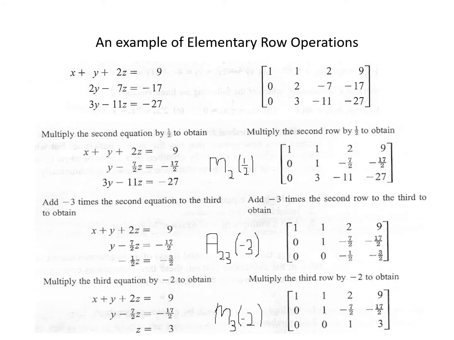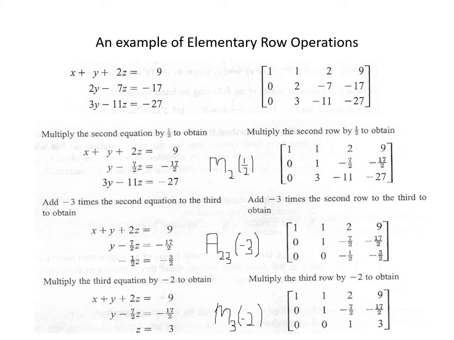Now, to get the solution, we need a leading one element here, so we multiply row number 2 by half. We obtain y minus 7 upon 2 z equals minus 17 upon 2, or in matrix form, 0, 1, minus 7 upon 2, minus 17 upon 2.